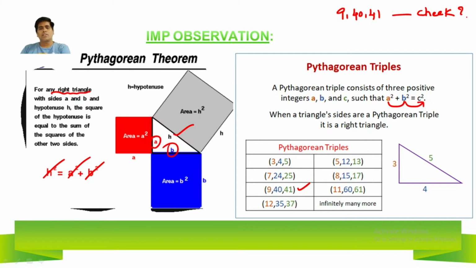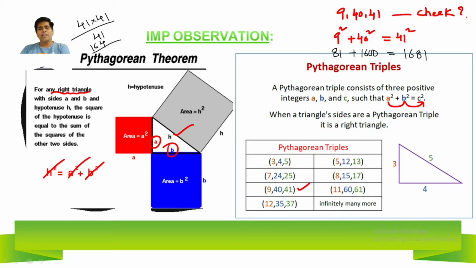According to the Pythagoras triplet, what do I have to do? a square plus b square is equal to c square. So is 9 square plus 40 square equal to 41 square or not? I have to check it. 9 square is how much? 81. Plus 40 square is how much? 1600. Is it equal to 41 square? So multiply 41 into 41. Clearly what will I get? 1681.